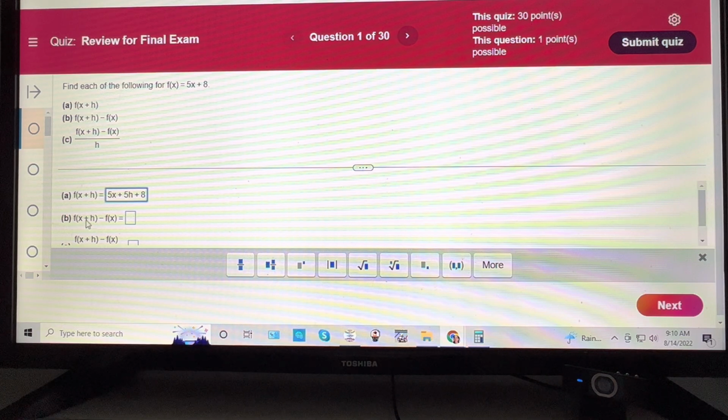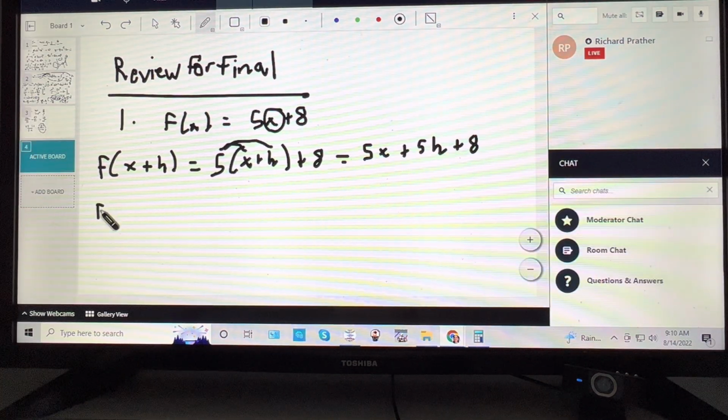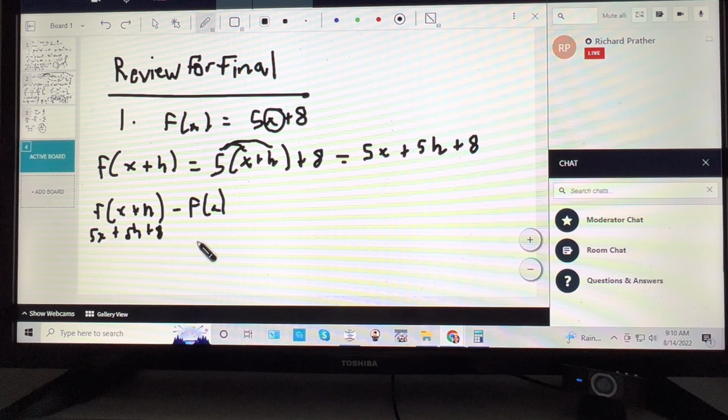Then the second thing after you get f of x plus h is you minus the original f of x. And when you do that, all the parts of the second half cancel with stuff from the first half. So I've got my 5x plus 5h plus 8 from that part. And then we're going to do minus this, which switches them. The 5x will switch to minus 5x.